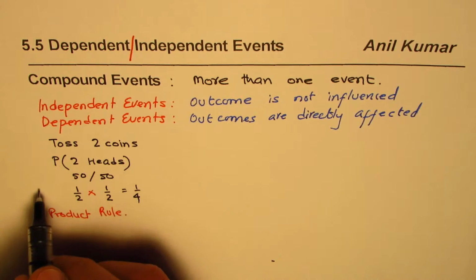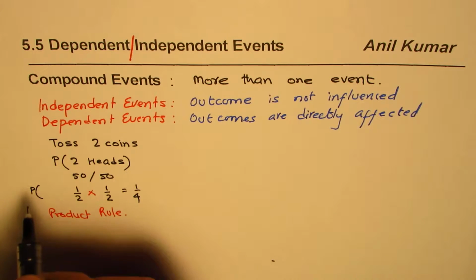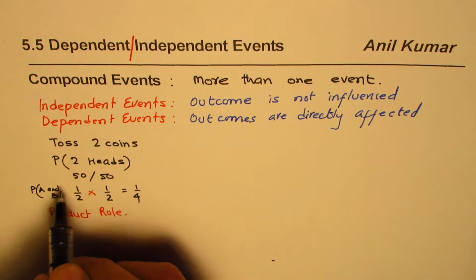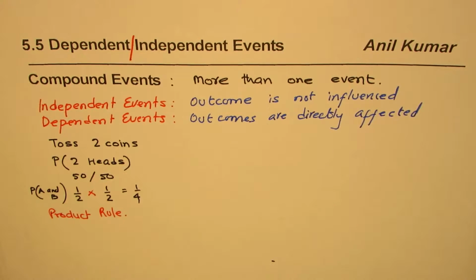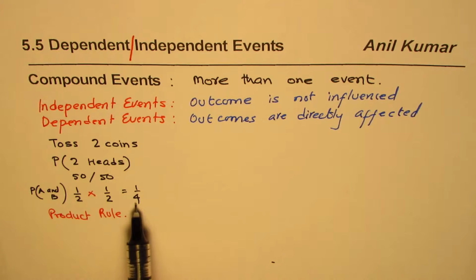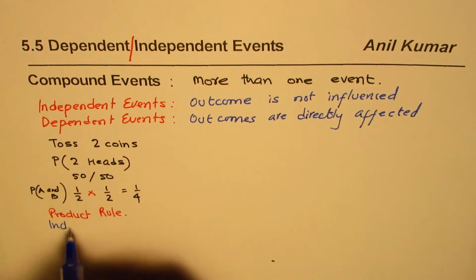This is the probability for both events to happen, that is A and B. That means in the first coin you get a head, and in the second coin you also get a head. We multiply them and get our answer, and this is called the product rule. So in compound events, we are multiplying the probabilities. The example given here is one of an independent event, correct?